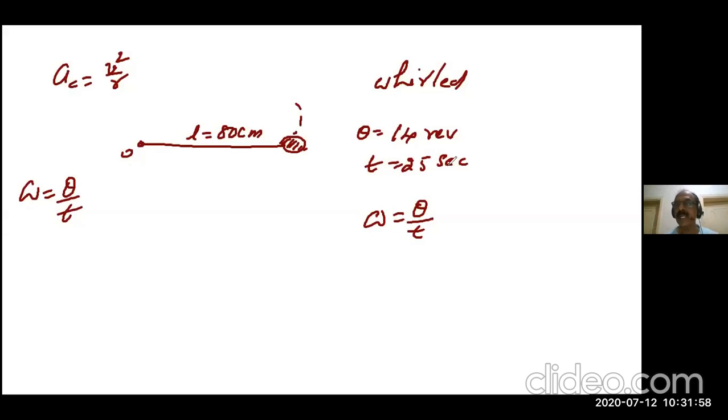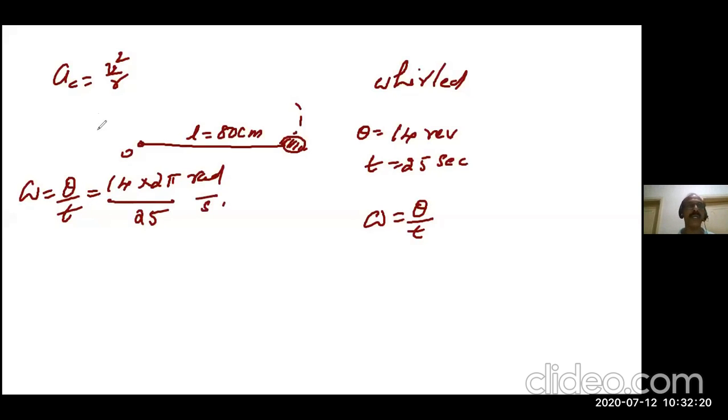Like that 14 revolutions, then theta we have to write 14 into 2 pi radians. So total angle covered 14 into 2 pi divided by time 25. Now you get omega.